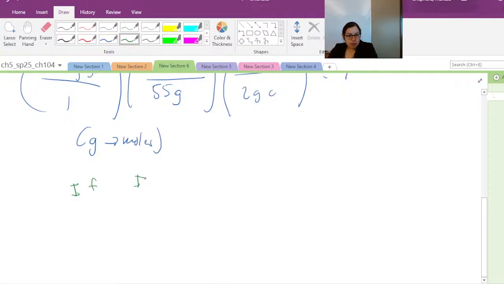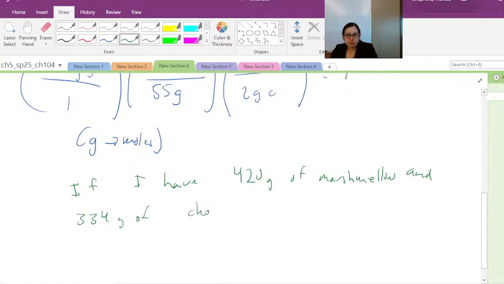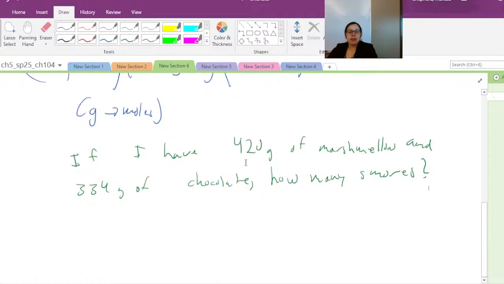So if I have 420 grams of marshmallows and 334 grams of chocolate, how many s'mores can I make? And of course, assume excess of our graham crackers in this case. So again, think about the steps that you're doing, and how that will translate to chemicals.